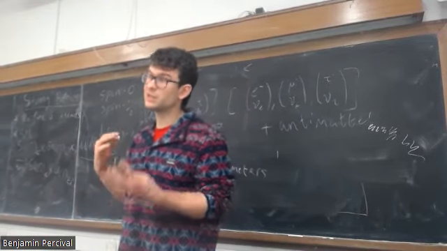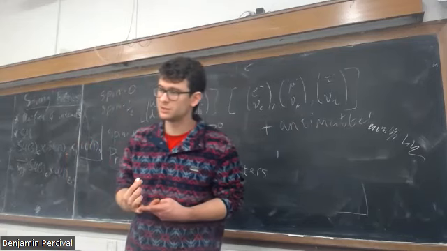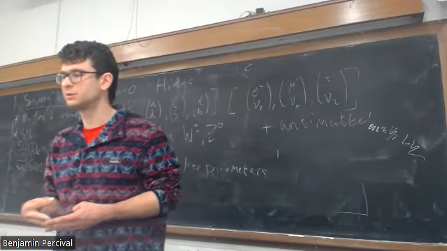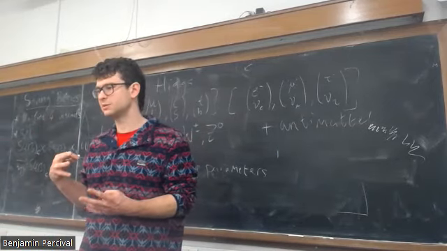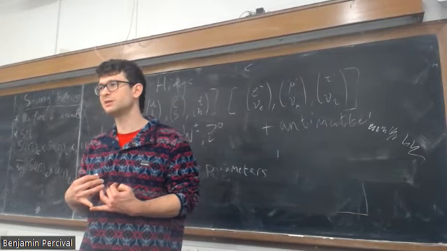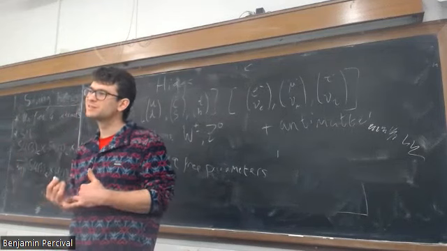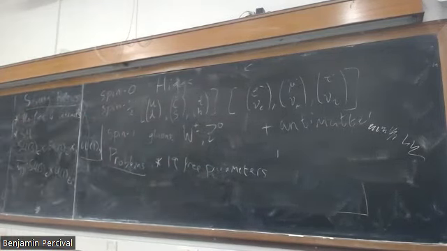You've got 3 theta angles, a delta, the gauge couplings of 3 forces, and the QCD theta, and then the mass of the Higgs, so the Higgs VEV. I think that's 19 maybe.